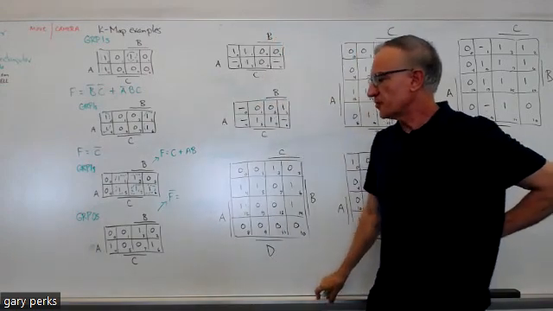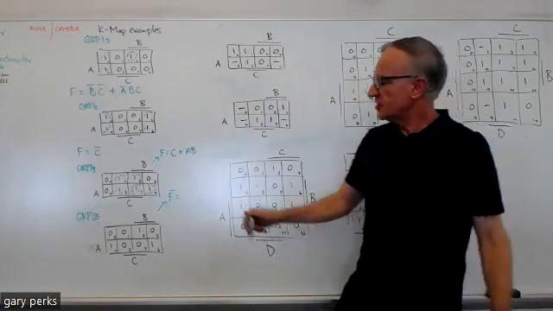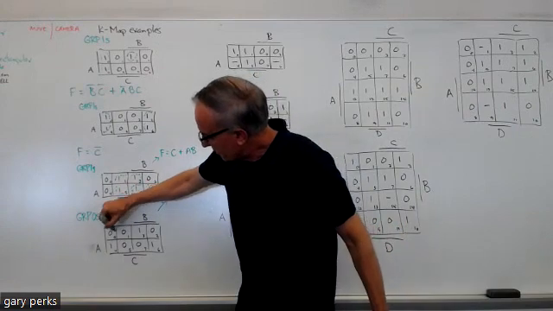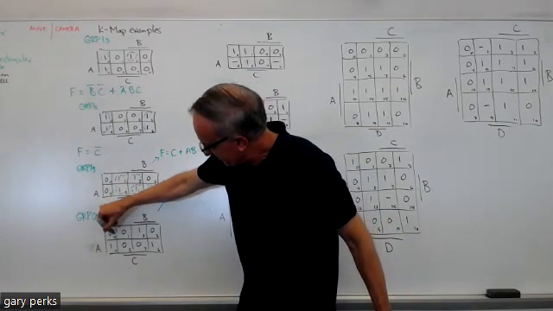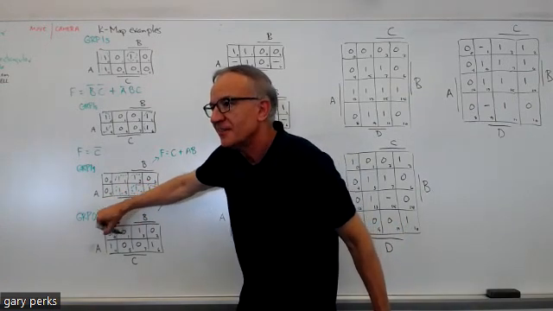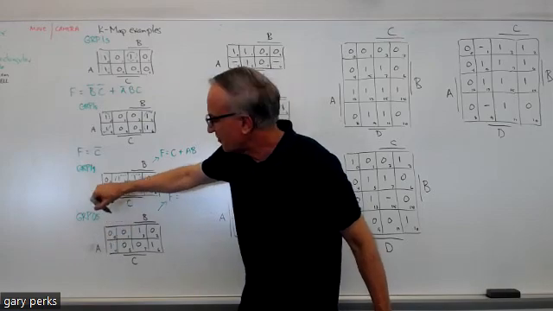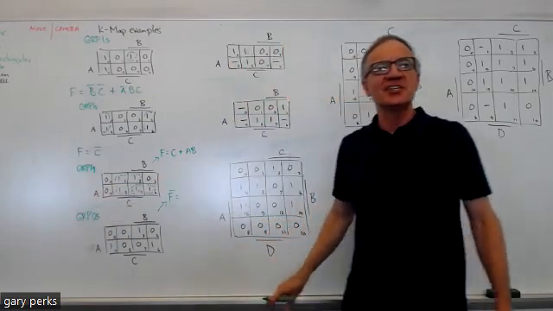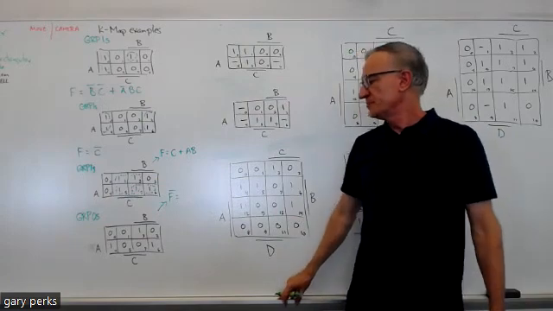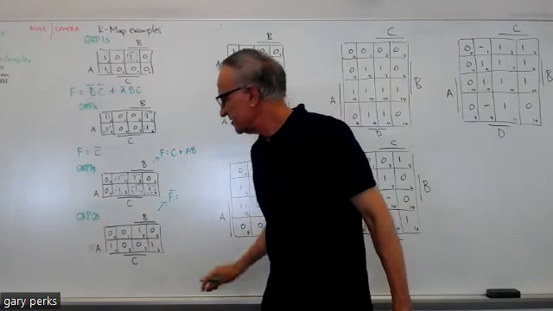All right, so how do you want to group this? Could I do this? Could I group these four like this? No, why not? That's not a square or rectangle, right? That's some sort of irregular shape. So you can't do that. And you can't do diagonal.